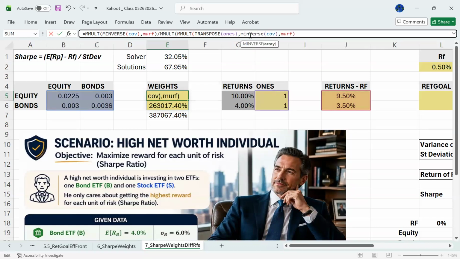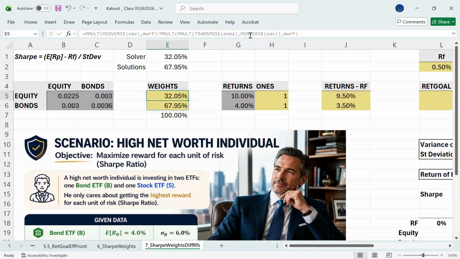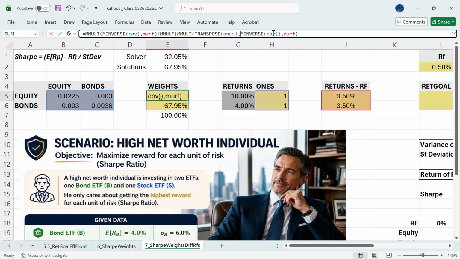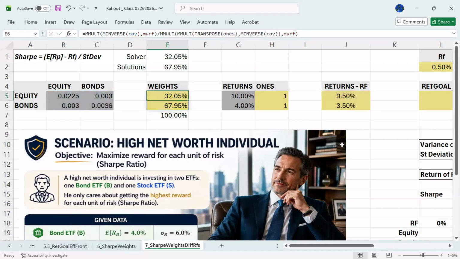So I completely forgot the inverse. We just add the inverse here, and now we have exactly the same weights here. That was just to be careful when typing these formulas and not forget these details. 32.05 and 67.95, but in this case we are using this particular matrix formulation. So there we go.